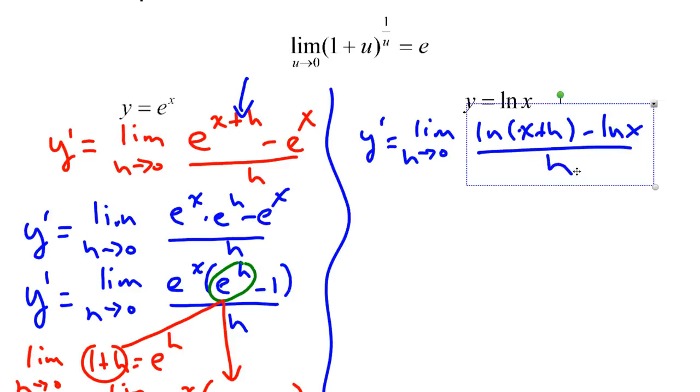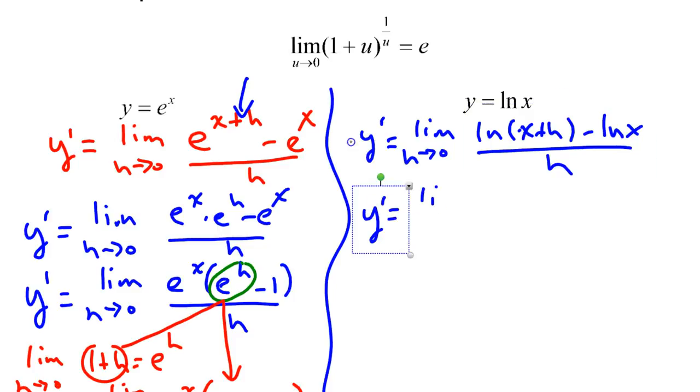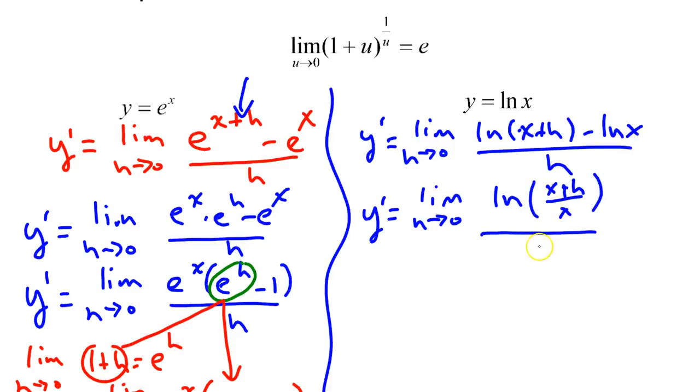Correct? Well, based off of my properties of logs, couldn't I take this numerator of the natural log of x plus h minus the natural log of x, and couldn't I condense that into a single log that says y prime equals the limit as h approaches 0 of just the natural log of x plus h over x, all over h?